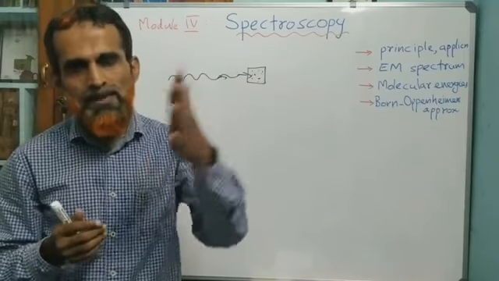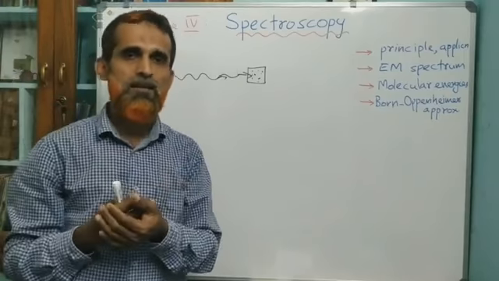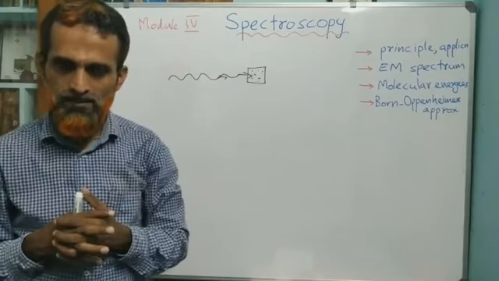Calcium gives brick red color because the electronic transition in calcium corresponds to that particular wavelength.